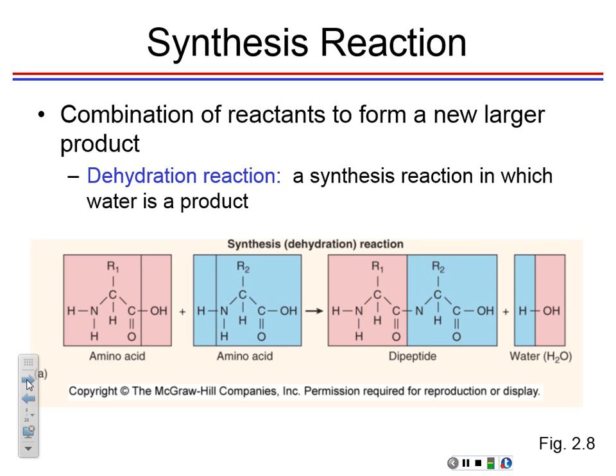In a synthesis reaction, you join 2 smaller substances to form a much bigger and more complex substance. You should be able to explain these reactions. You lose water, so it's a dehydration reaction.